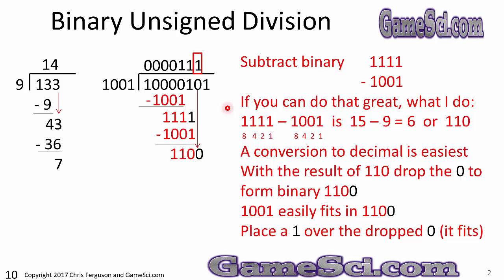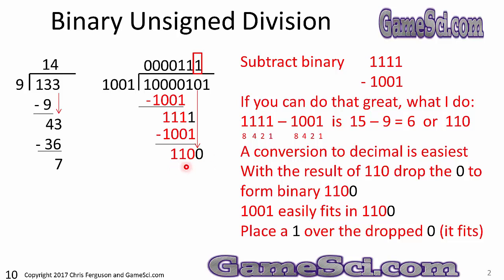If you can do that, great, but this is what I do. I convert it to decimal. I'll write the powers of 2 below the 4 ones, and I'll subtract out the second operand, and this is 15 minus 9, or 6. The answer to this subtraction is 110. I'll write down my 110 here. A conversion to decimal is the easiest.